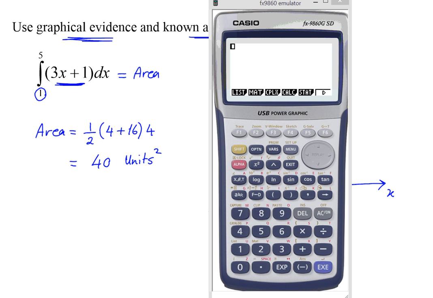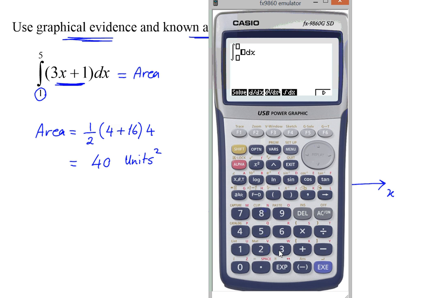You can use the calculator to evaluate definite integrals to check your answers. So on the calculator, you go to options, and then F4 for calculus, and then F4 again for integral, and then the calculator will give you this symbol with 3 different positions to write the function and the lower and the upper boundary.